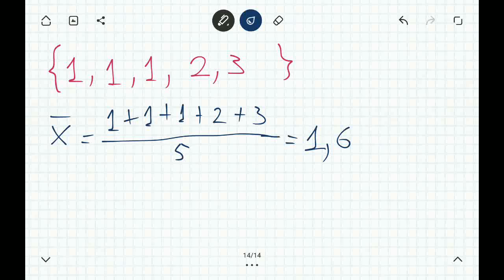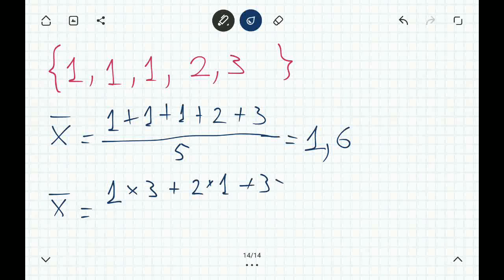So if we look here, we have 3 entries of 1. So I can put it like this, 1 times 3. And then we have only 1 entry of 2 and 1 entry of 3. Still over 5. And then we can separate that fraction.